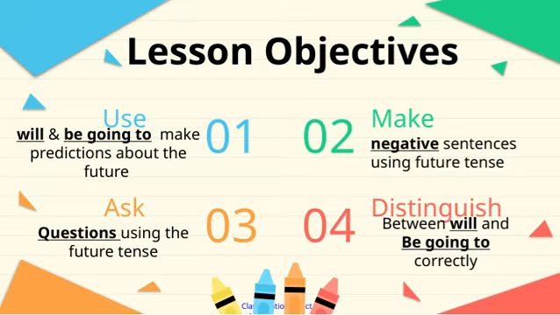We'll also cover how to form negative sentences with the future tense, so you can express what you won't do. Lastly, we'll practice making predictions about the future using both will and be going to. These are essential skills for discussing future events confidently. Remember, mastering these points will help you communicate future intentions and plans clearly and accurately.